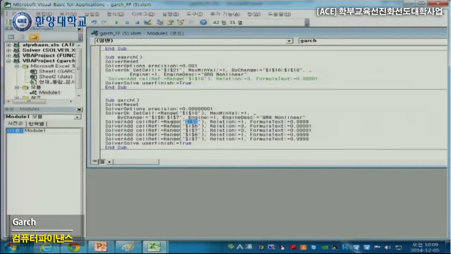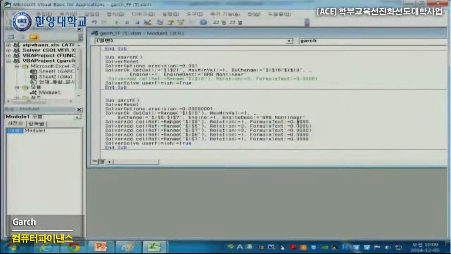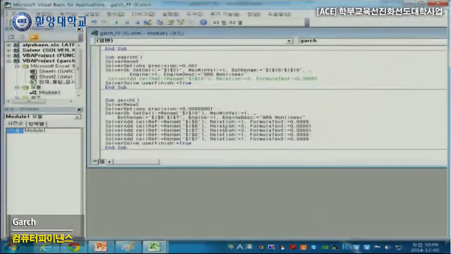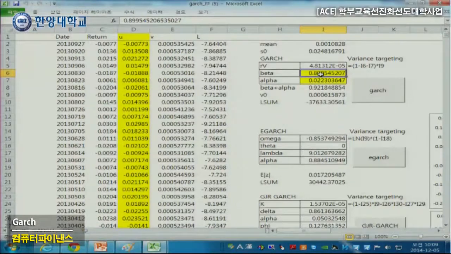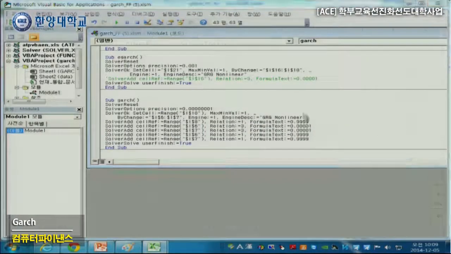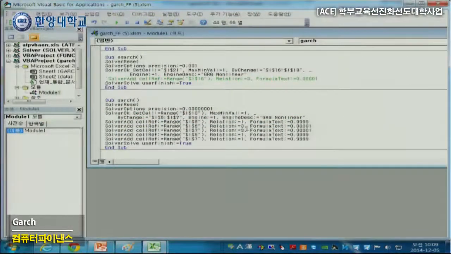So I6 is greater than or equal to this one, because intuitively this should be positive, and intuitively this should be positive too, greater than or equal to 0.0001.